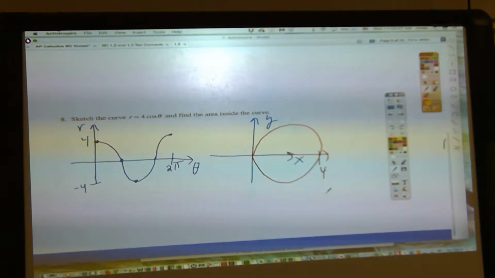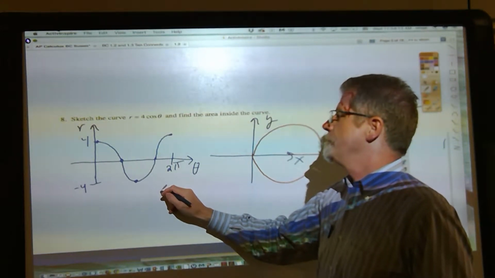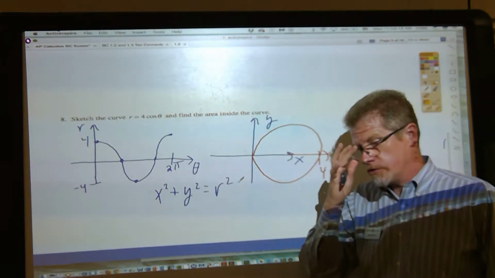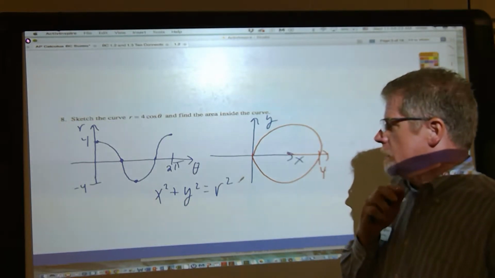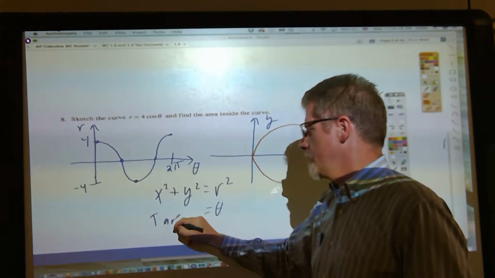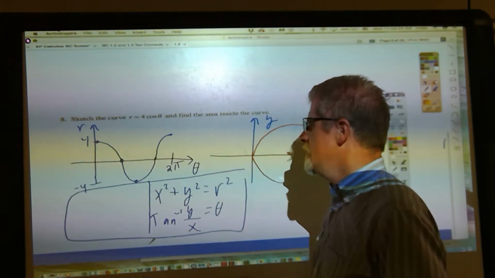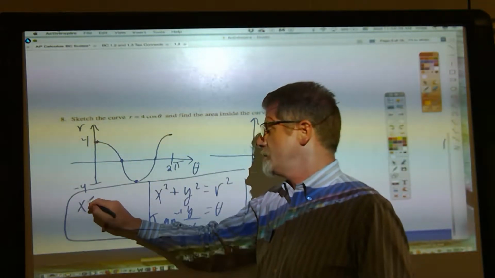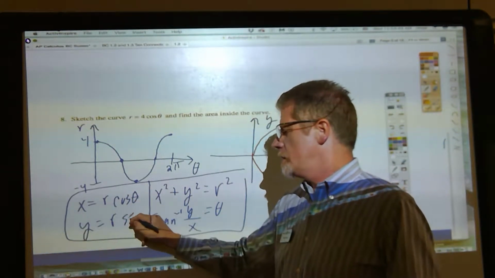Now, if you wanted to argue that it really is a circle, use the fact that x squared plus y squared equals r squared is one of the conversion formulas. And then, let's see, we've got theta equals tan inverse y over x. There are 4 conversion formulas going back and forth from polar to rectangular, rectangular to polar. We know that if you want to go from polar to rectangular, the formulas you would use would be x equals r cosine theta and y equals r sine theta.